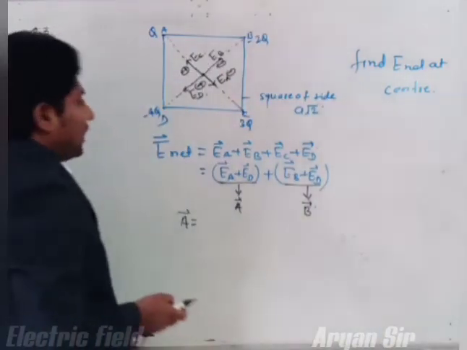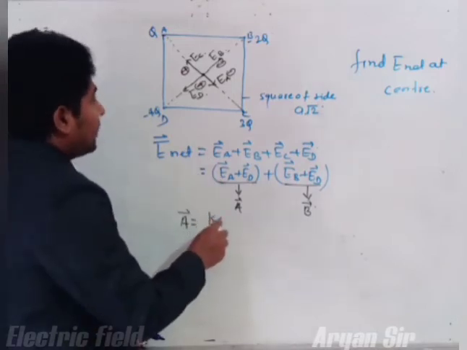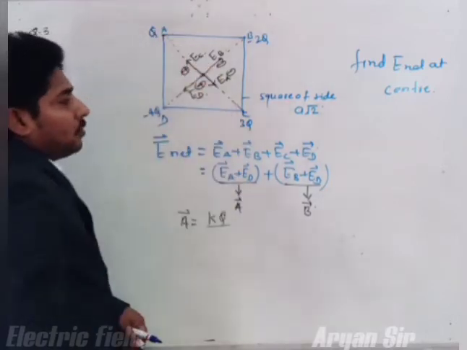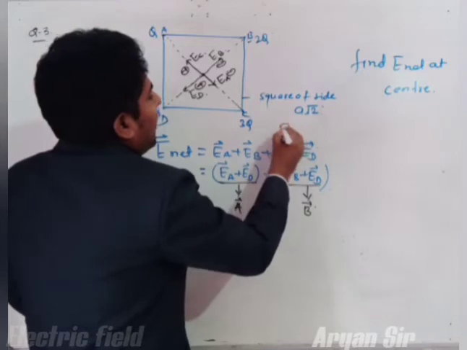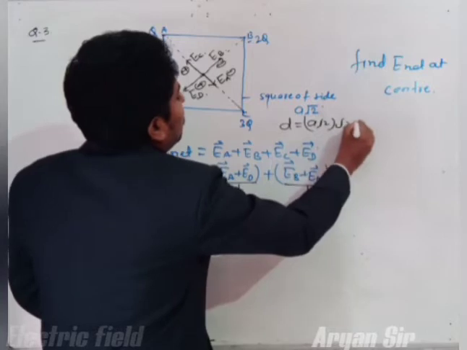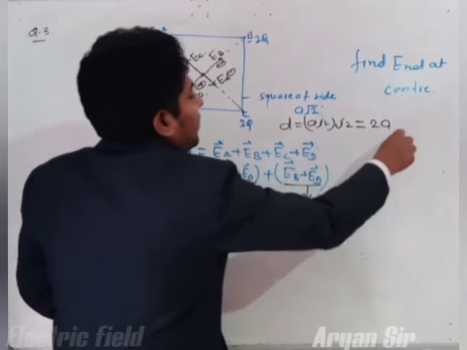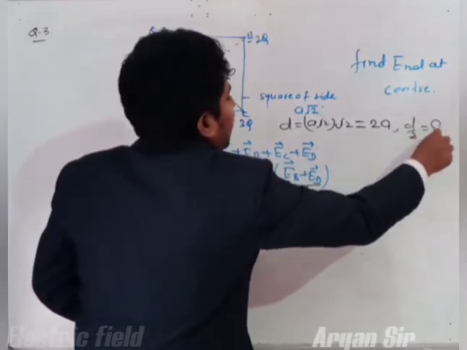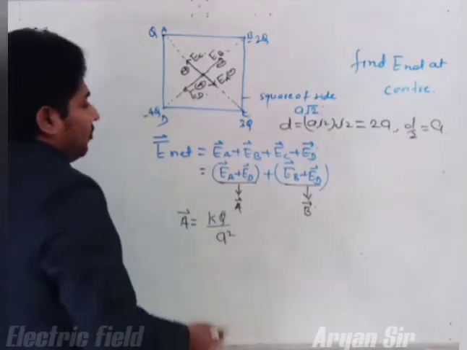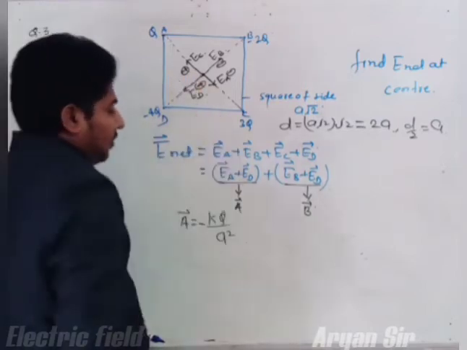So A vector can be written as, what will be the value of A? K, Q. What will be this separation? The side of this square is a root 2. So the diagonal is equal to what? a root 2 into root 2, so 2a. Now half the distance, d by 2, is equal to a. So we can write it as kq by a square. Now this has been taken as negative. Now EC will be what?